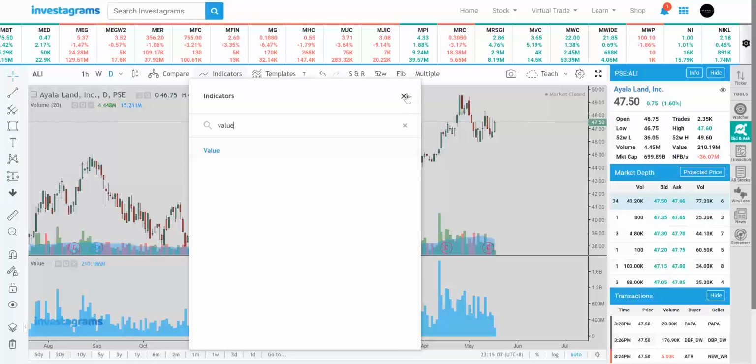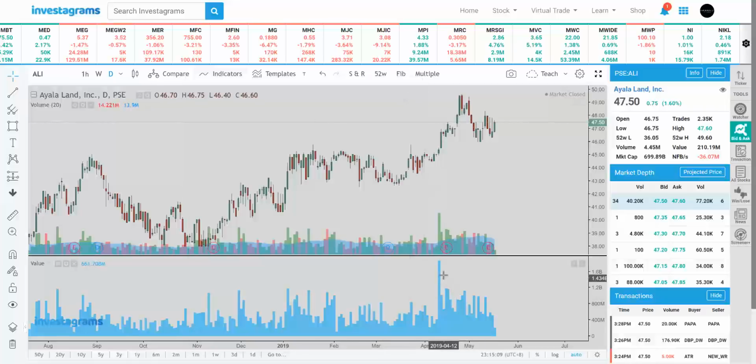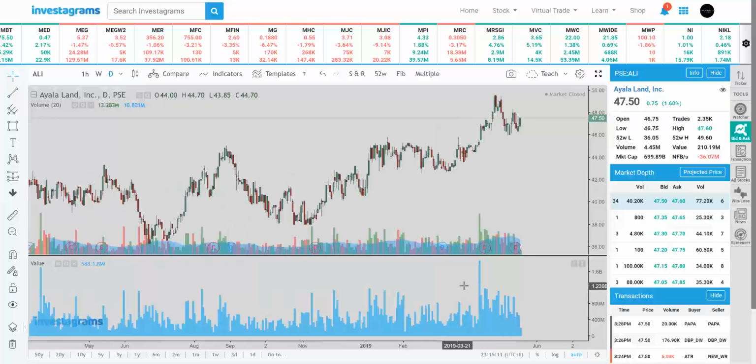If you look at the graphs below, the amounts are the same in terms of visuals, but if you're just more particular on the amount being traded, like the absolute money value being traded, then you could shift to value. But mainly that's the same.